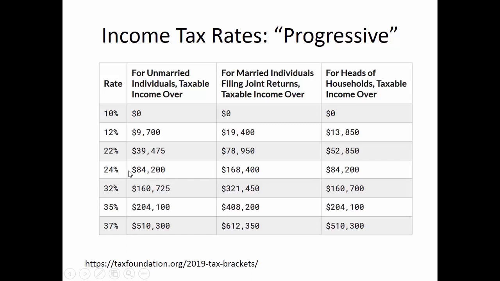So all of the income below that is taxed at the same rate as someone whose income is at that rate. So, my impression was that you wouldn't want to get paid $84,200. You'd want to get paid $84,199, and then therefore you'd be in some lower tax bracket. But it doesn't work like that.